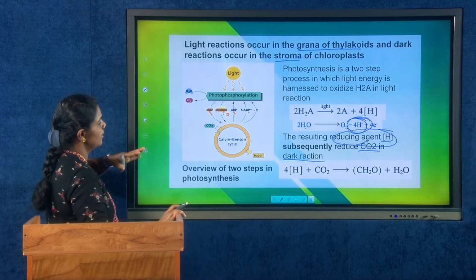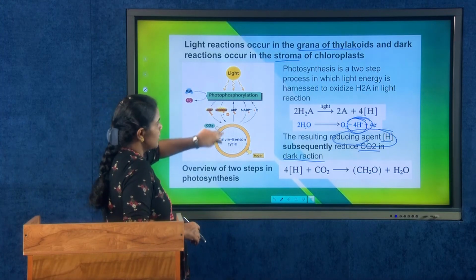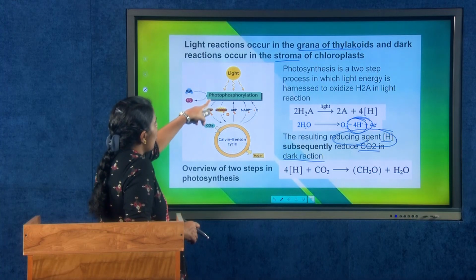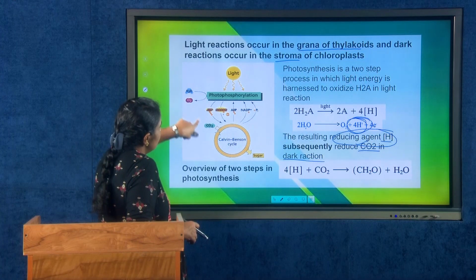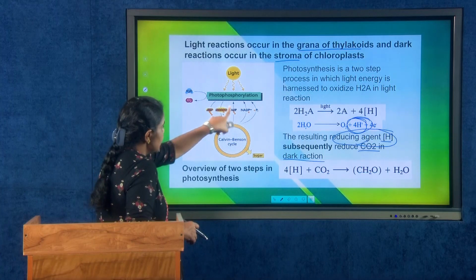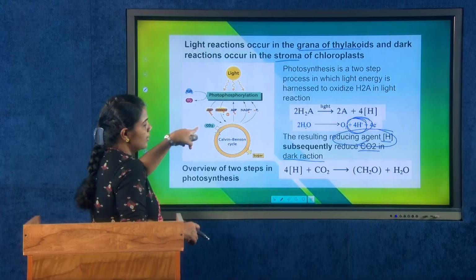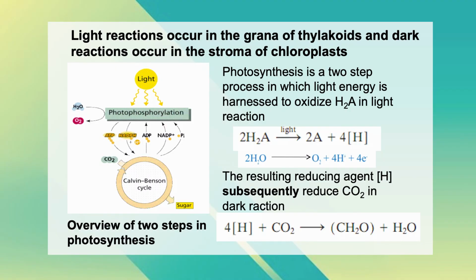Here you can see in the light reaction there is synthesis of NADPH and ATP, there is the oxidation of water, and this will enter the next cycle. This is the dark phase where the carbon dioxide and water is getting converted into carbohydrate.